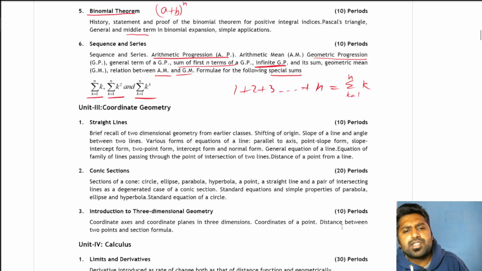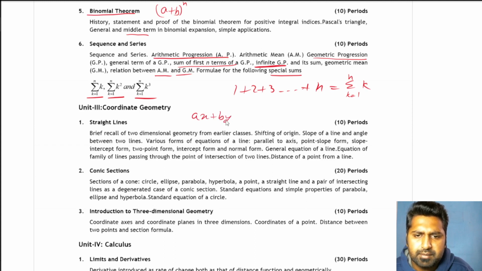Then the next chapter is straight line. You must already know that any linear equation in two variables is nothing but a straight line. So far the understanding goes like this: if this is an equation ax plus by plus c equals 0, this represents a straight line. The equation is usually given to us and then we understand what kind of line it is.